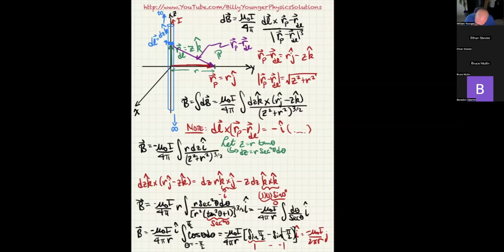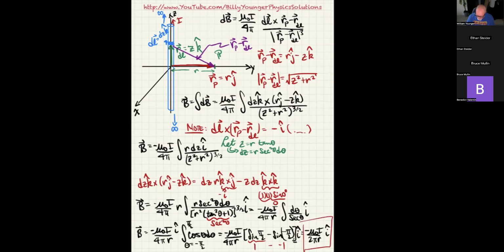So yeah, it's going to be negative mu 0 I over 2 pi r, and that's in the I hat direction. Actually, I just wrote it like it's in the J hat direction, and in fact I'm actually writing in red instead of black, so I don't like that either. So this is negative mu 0 I hat over 2 pi r, which is exactly the equation I just gave you as a rehash from the previous chapter.